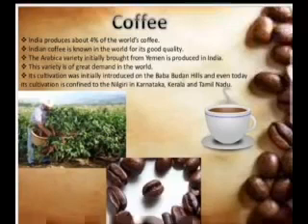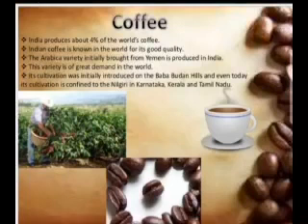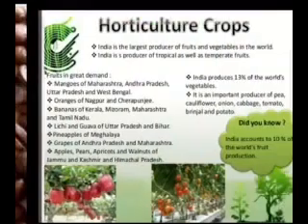This variety is in great demand in the world. Its cultivation was initially introduced on the Baba Budan Hills, and even today its cultivation is confined to the Nilgiri in Karnataka, Kerala, and Tamil Nadu.